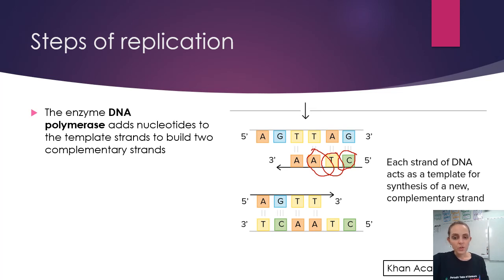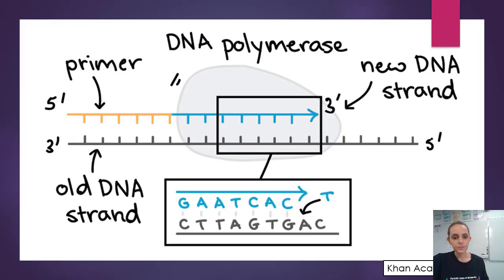In terms of the direction, we can see that this new strand is being built in the 5' to 3' direction. So it's moving along the template strand in the 3' to 5' direction. Another really great figure from Khan Academy here is showing this in a visual representation. So here we've got our old DNA strand running in the 3' to 5' direction.